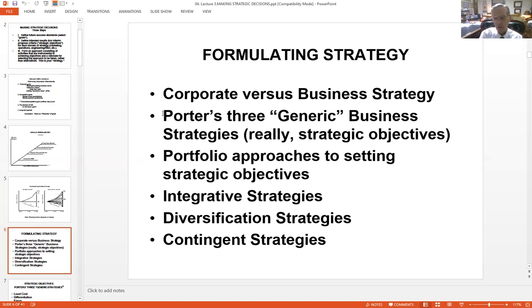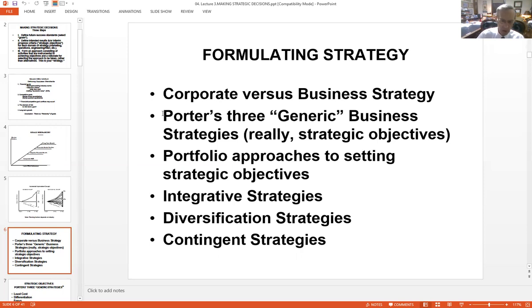Other approaches to achieving strategic objectives may include balancing and changing the mix of products and businesses in the corporate portfolio or the business portfolio.